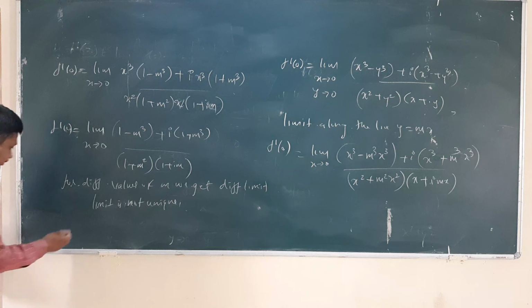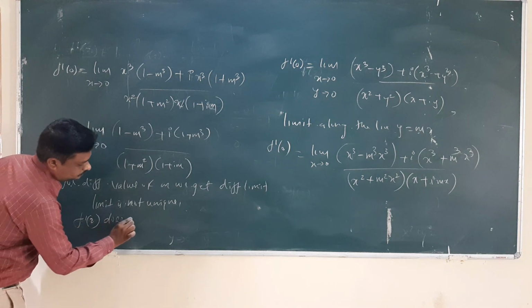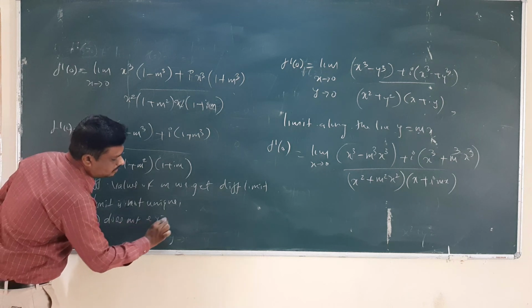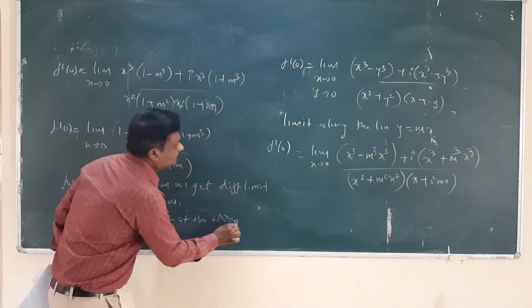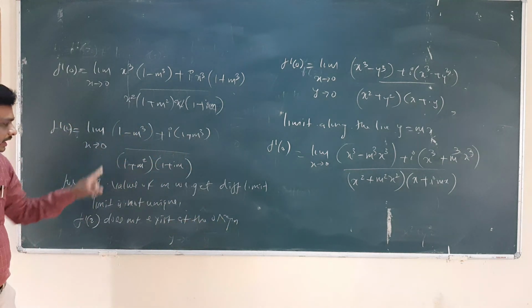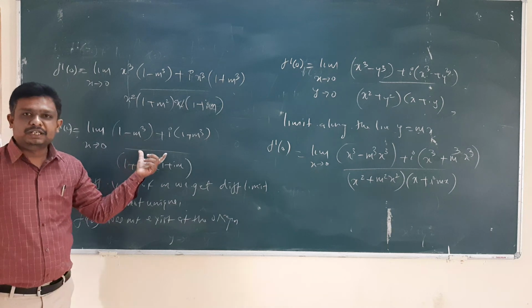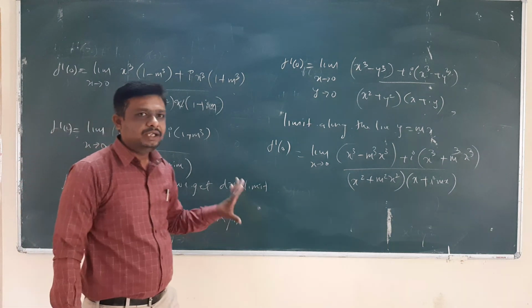As I keep changing the value of m, I will get a different limit. Therefore, in this case the limit is not unique. Therefore, f dash of z does not exist at the origin.